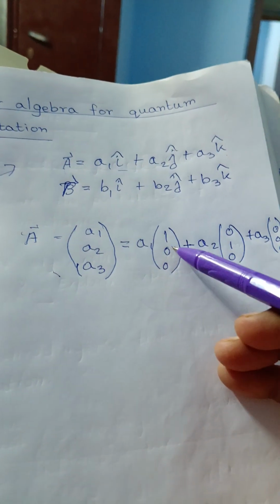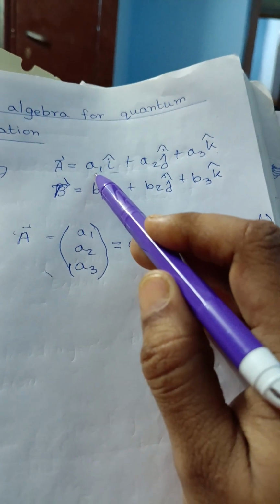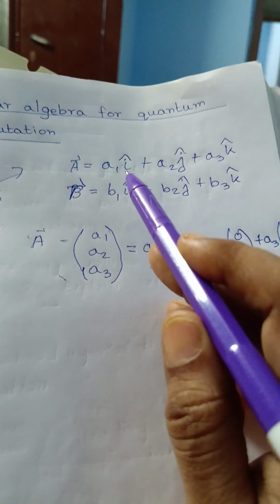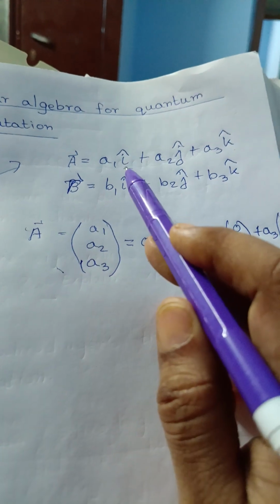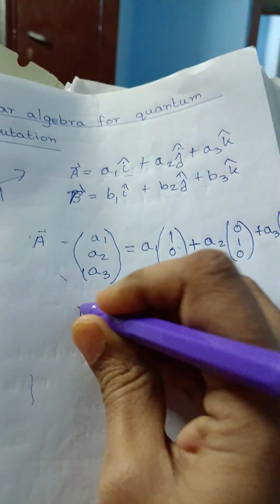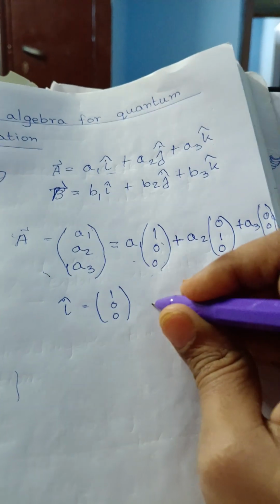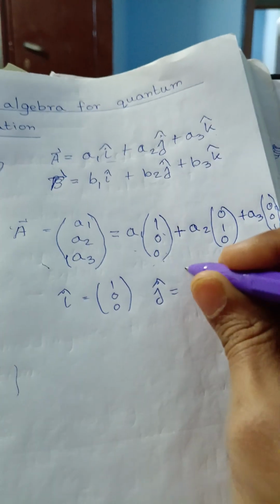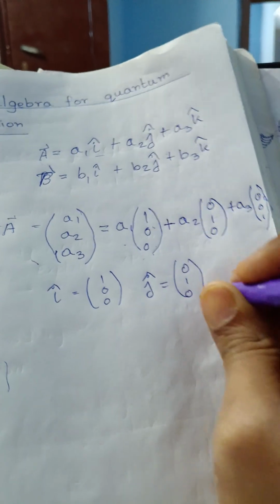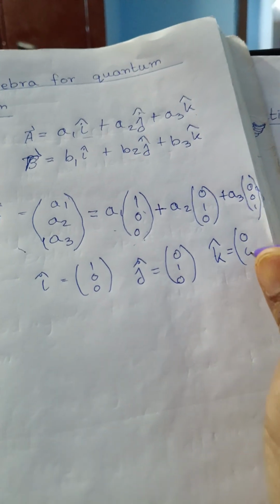Just compare these two expressions for A vector. Here we multiply i cap with A1 and here we multiply 1 0 0 with A1. That means i cap, the unit vector along x axis, is represented by the column matrix 1 0 0. Similarly, j cap, the unit vector along y axis, is represented by 0 1 0, and the unit vector along z axis, k cap, is represented by 0 0 1.